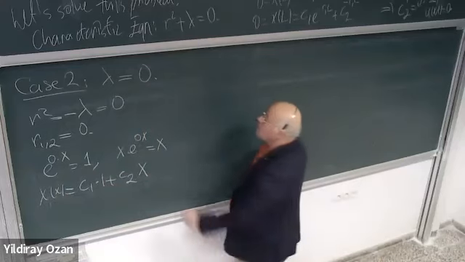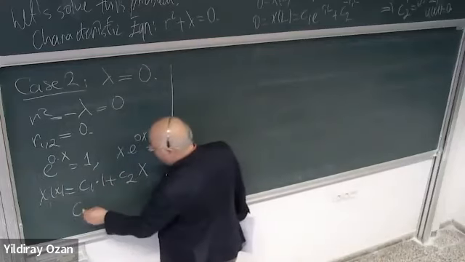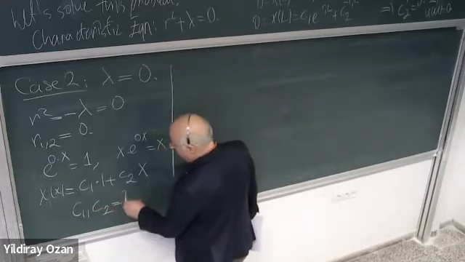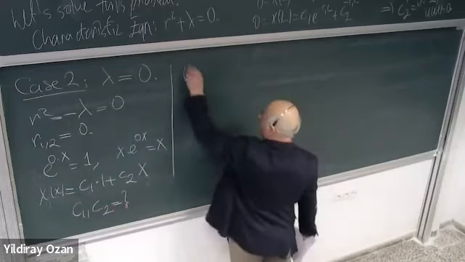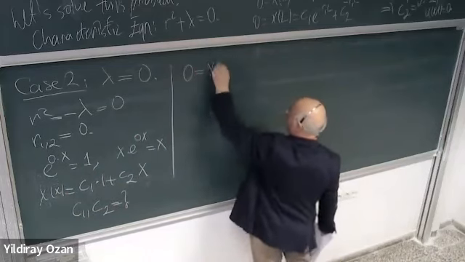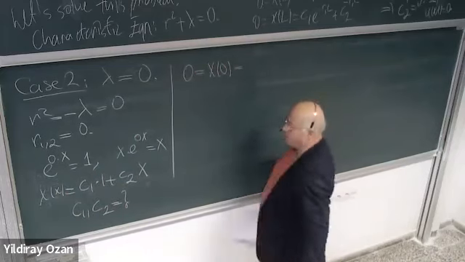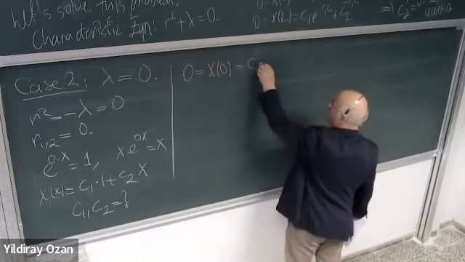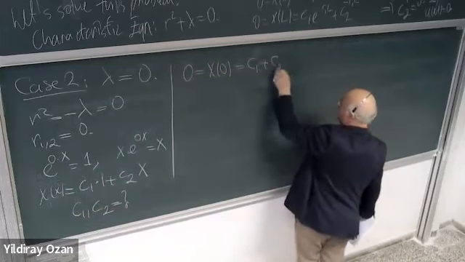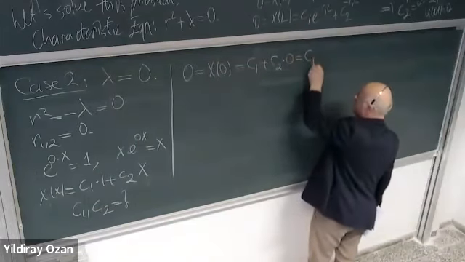Okay? Well, let's find C1 and C2 again. Again, I will use the boundary conditions. 0 is equal to X of 0. So if I plug 0 here, I get just C1 times 1 plus C2 times 0, which is just C1.